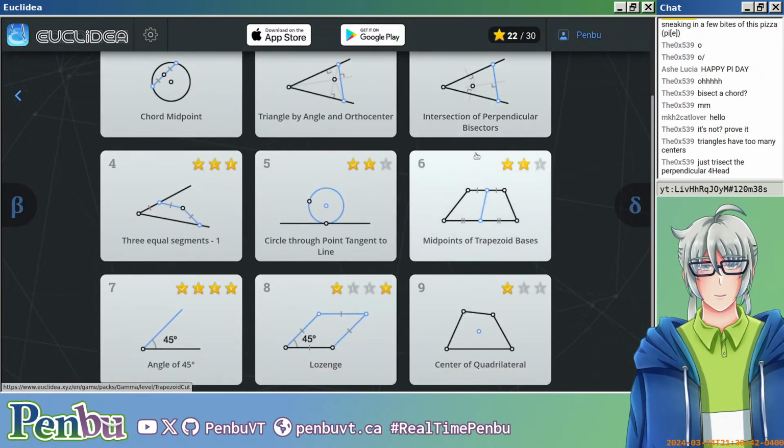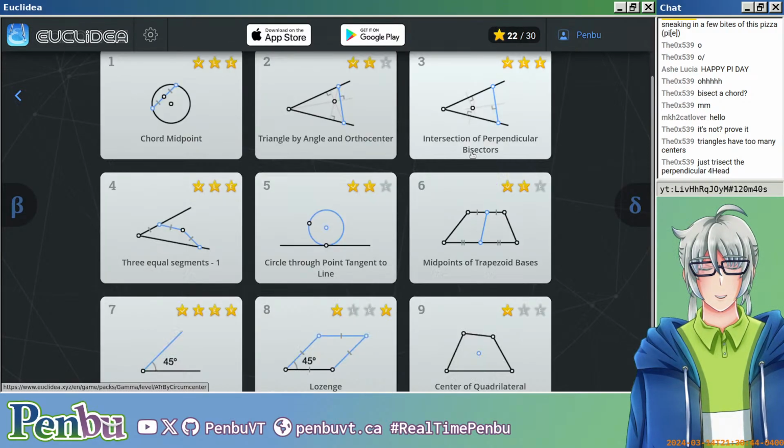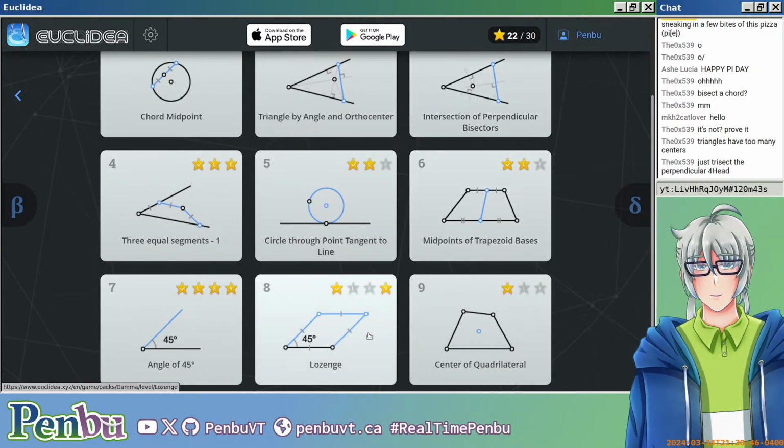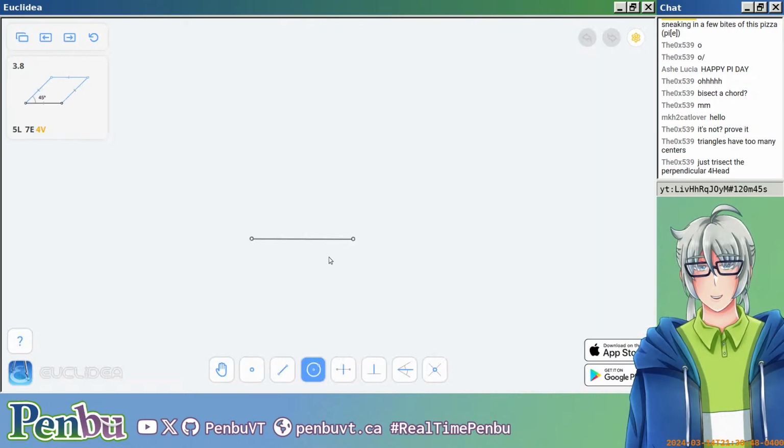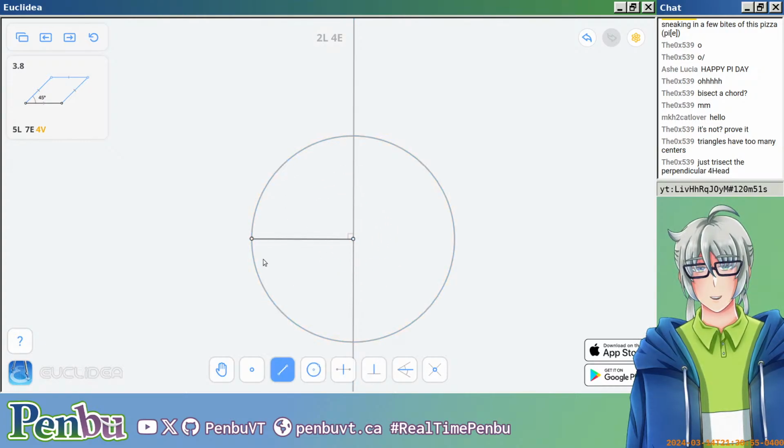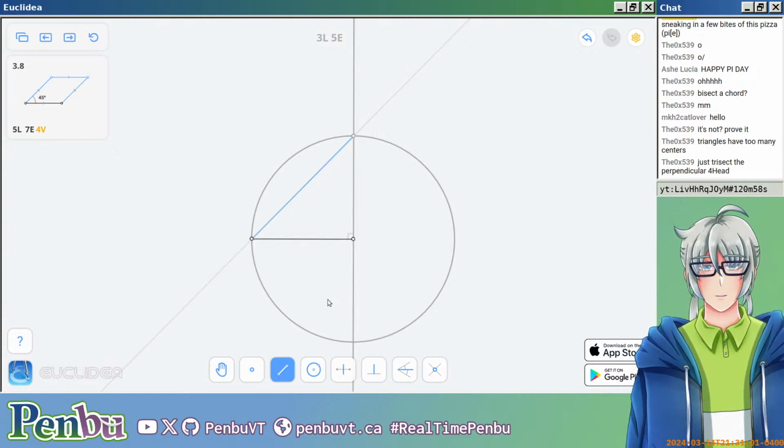Does that help us with anything else? I think that might help us with this one. So if we drop a perpendicular here, and we create a circle here, that means that we get this 45-degree angle there. But then that uses 3.